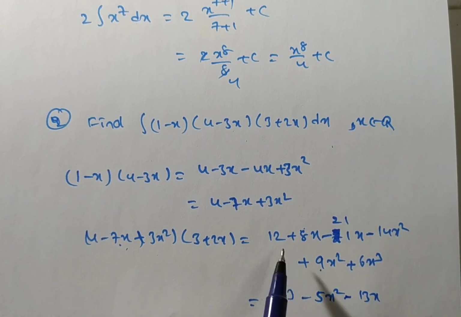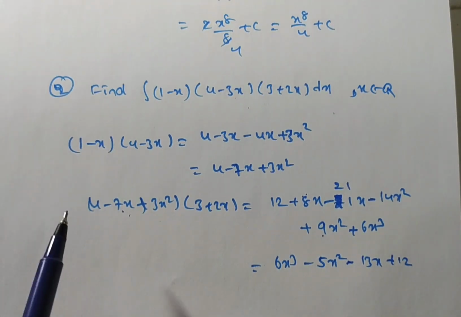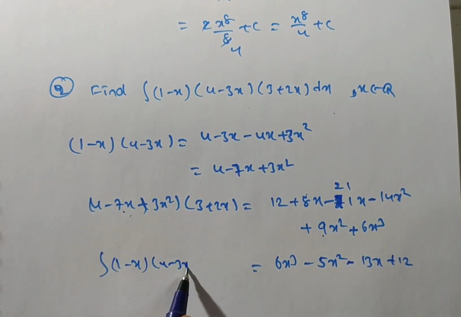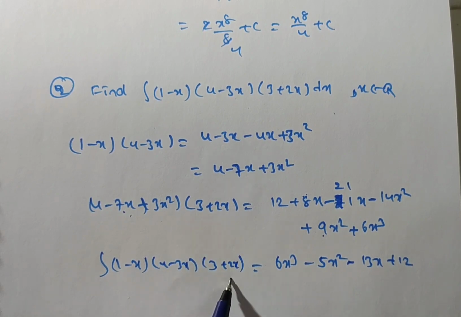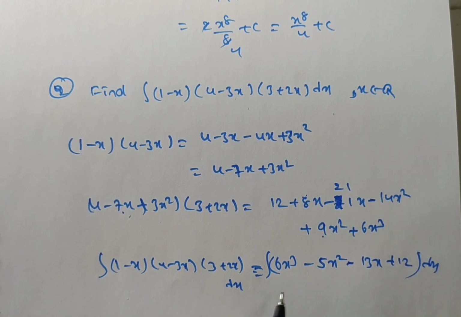And what about the constants? Yes, 12 only. So this is nothing but the integral of 1 minus x into 4 minus 3x into 3 plus 2x dx. Now you observe, we got an algebraic polynomial, or not?